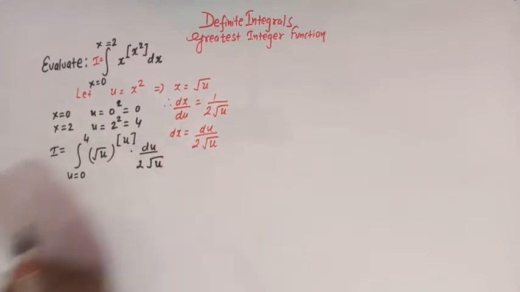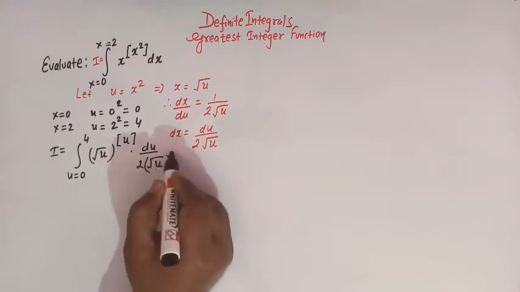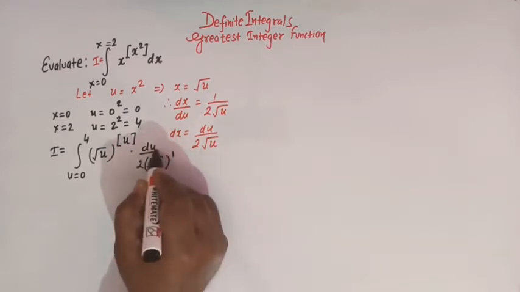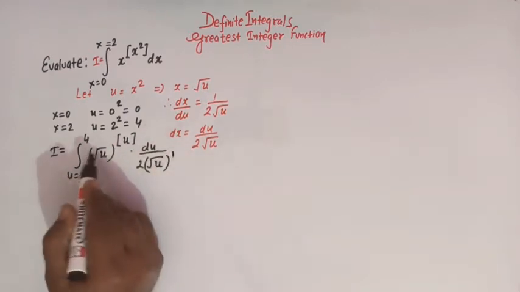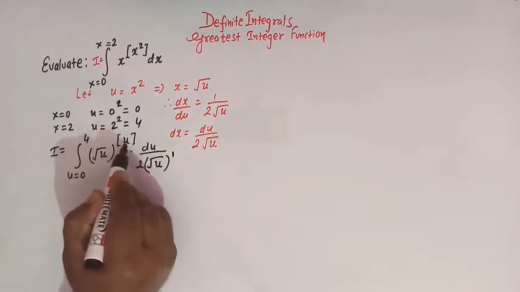Here the square root of u is raised to 1, and here the power is greatest integer u.